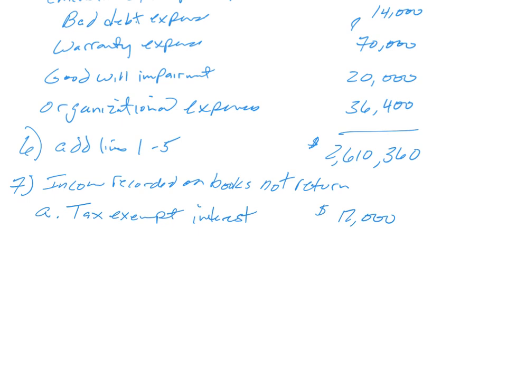We had some tax exempt interest, and then we had our equity method income of $100,000.